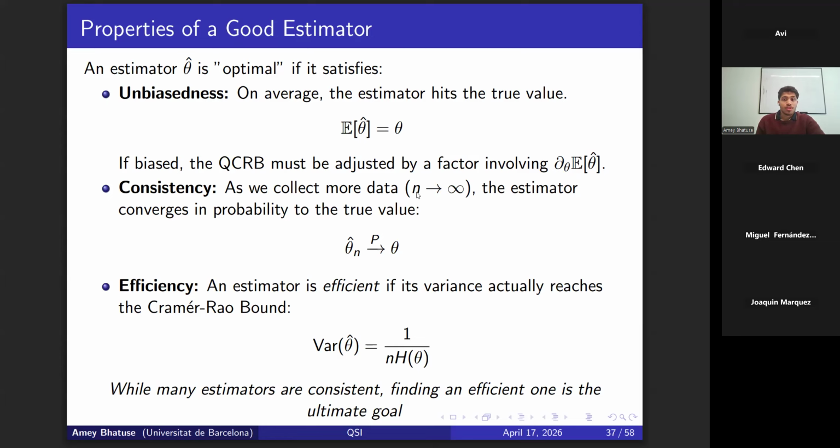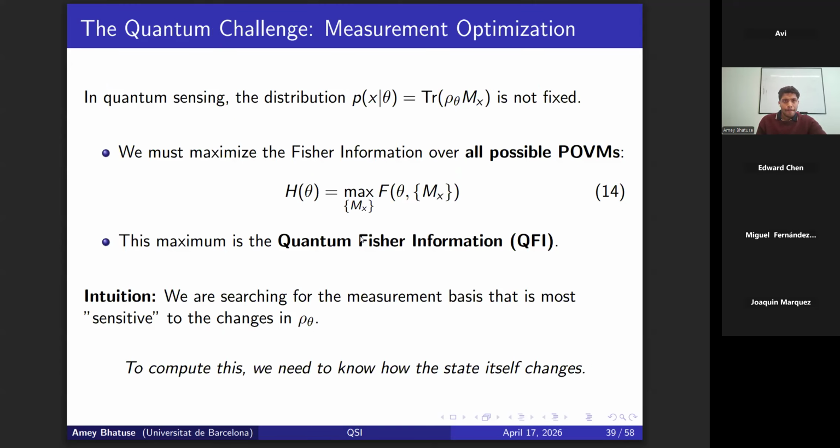Now, this was the classical case. In the quantum world, the distribution depends on the measurement that we choose. So how do we do it in the quantum world? In quantum sensing, the distribution is given by the Born rule, and it's not fixed because it depends on the measurement set that you have.